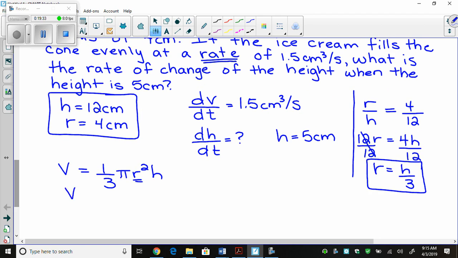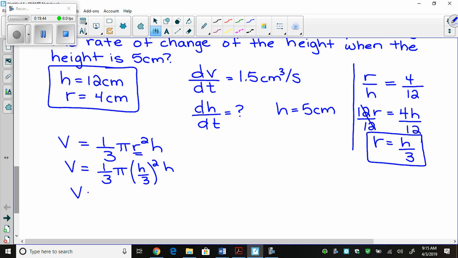So we get V equals 1/3 pi (h over 3) squared times h. V equals 1/3 pi h squared over 9 times h.